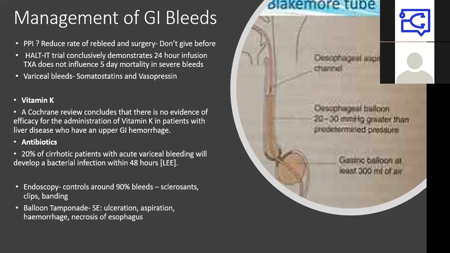But it's rarely done because there are huge risk factors in terms of necrosis of the esophagus, because you're putting pressure there and squeezing the layers of the esophagus. You're decreasing its own blood supply. So there are huge risks, and it's not very well done. But certainly, if this is a patient who's had a difficult bleed, then they may need to go into surgery.